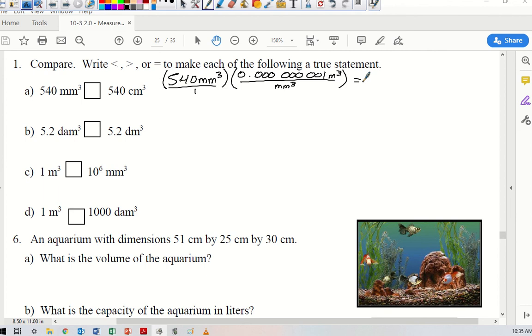And if you multiply that, depending on your calculator, it'll give you 0.0000054, or it could potentially give you 5.4 times 10 to the power of negative 7 cubic meters. Okay, either of which is perfectly acceptable.